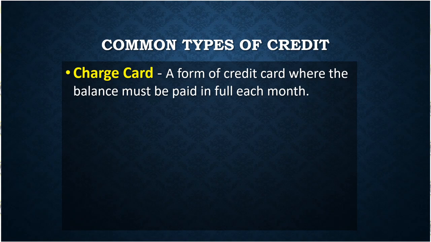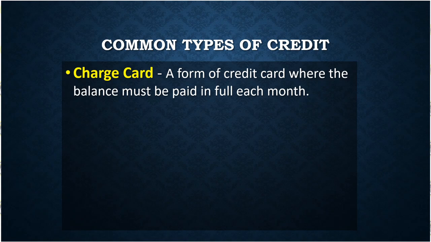The big difference is that with a charge card, it says there the balance must be paid in full each month. So you can't just pay a little bit off what you owe and then have it carry over to the next month. If I have a charge card and I buy $10,000 worth of stuff in a month, then I have to pay $10,000 at the end of the month.